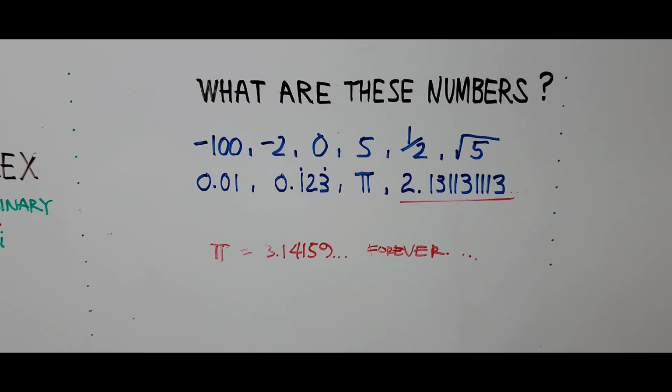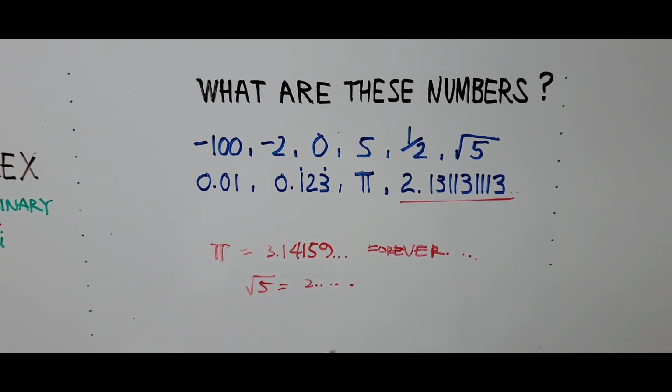The square root of 5 has a non-terminating decimal. If you hit your calculator, it would be a whole long string of numbers after that. So 2 point something, say 2.236 and so on.